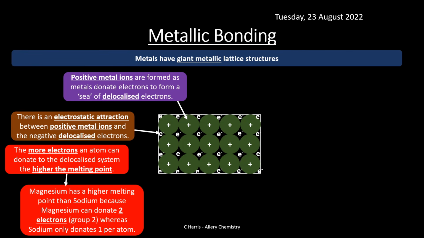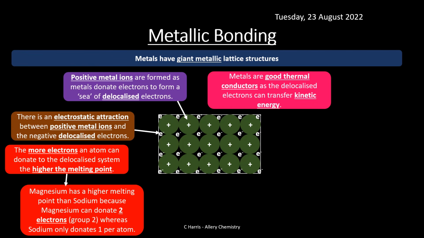So magnesium has a higher melting point than sodium because magnesium can donate 2 electrons, which is group 2, whereas sodium only donates 1 per atom. Sodium's quite soft, you can cut it with a knife, it's not very hard at all. Whereas magnesium, you might have seen magnesium ribbon, you put it in a Bunsen flame and it goes really bright white light.